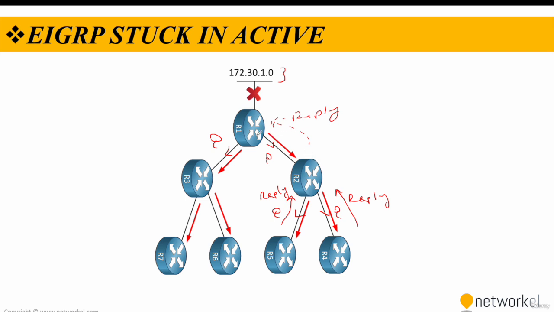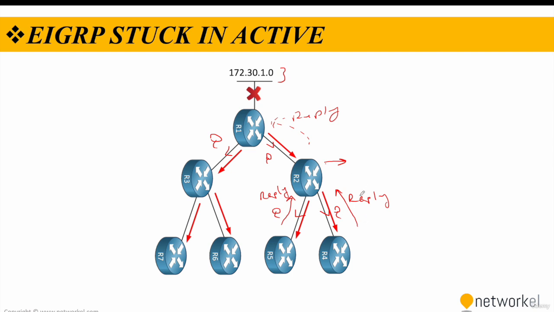Let's say I sent this query message to router 2 and router 2 sent this to router 5 and router 4. Then router 4 and router 5 will send these replies to router 2, right? By the way, in EIGRP, by default, a router will wait for 3 minutes to have a reply for a query. Please keep in mind.